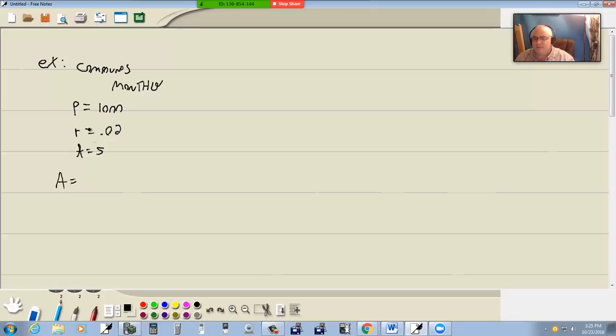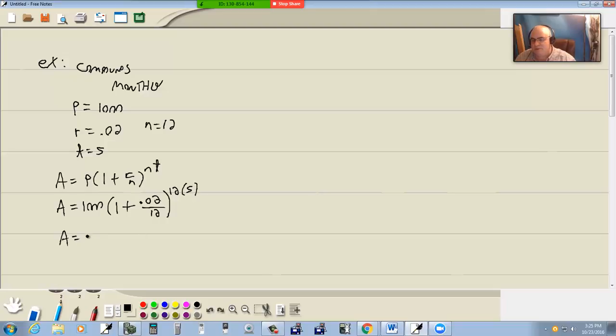Well, since it doesn't say the word continuous in this, we're going to use our A is equal to P times 1 plus R over N to the NT power. P is 1,000, 1 plus R, which is 0.02, divided by N, compounded monthly, that means N is 12. Raise the NT power. So we've got 12 times 5.